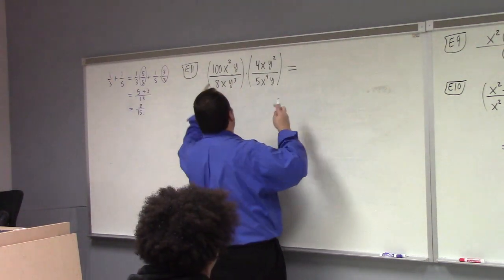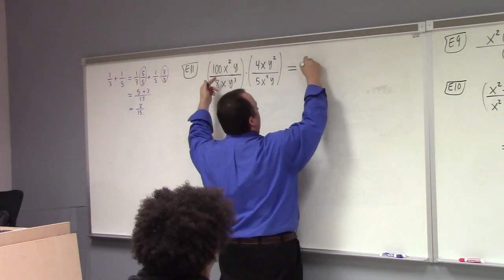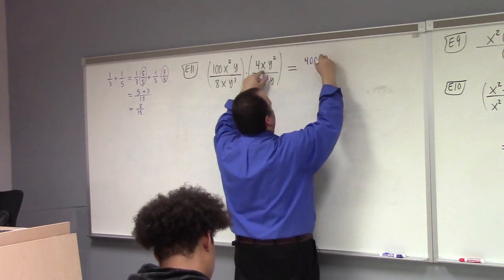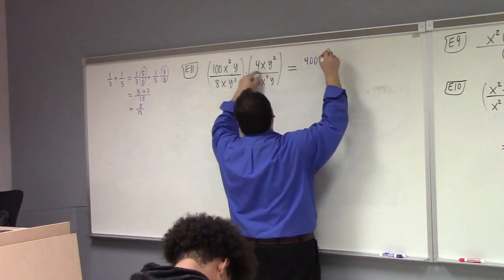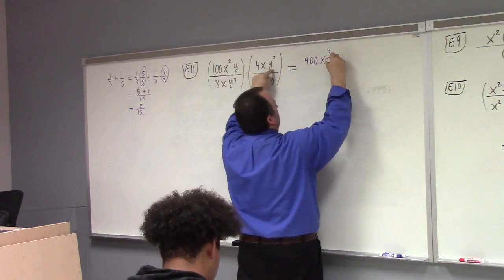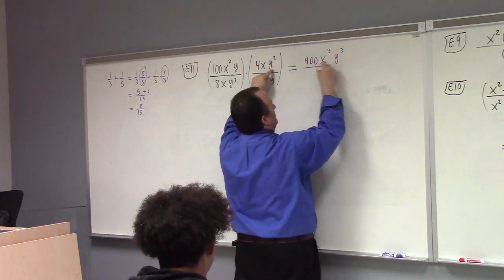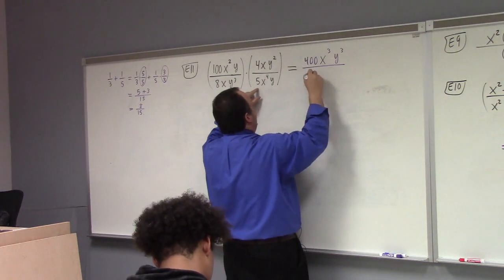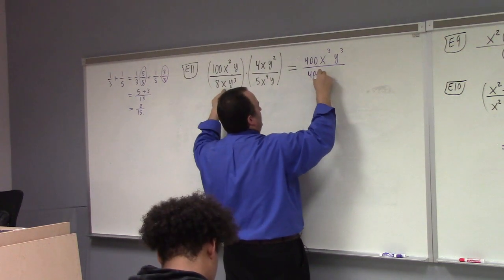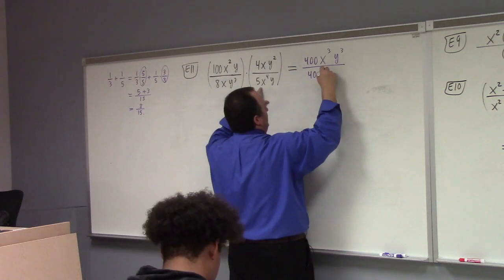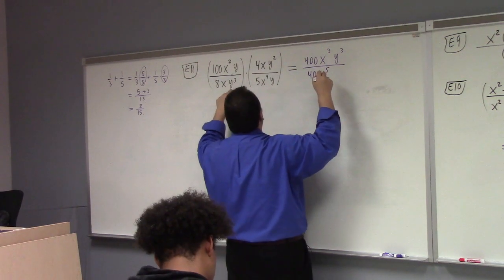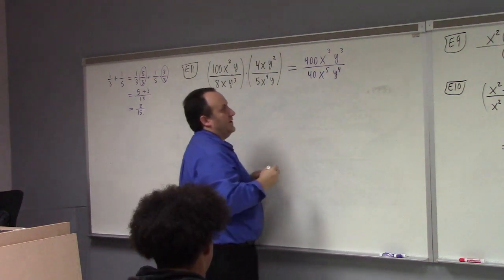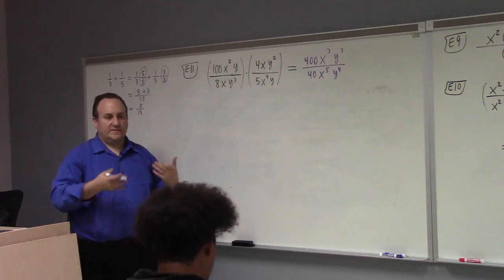So what's 100 times 4? 400. X squared times x is x cubed. Y times y squared is y cubed. Downstairs, 8 times 5 is 40. X times x to the 4th is x to the 5th. And y cubed times y is y to the 4th. All right. Now we can simplify that.